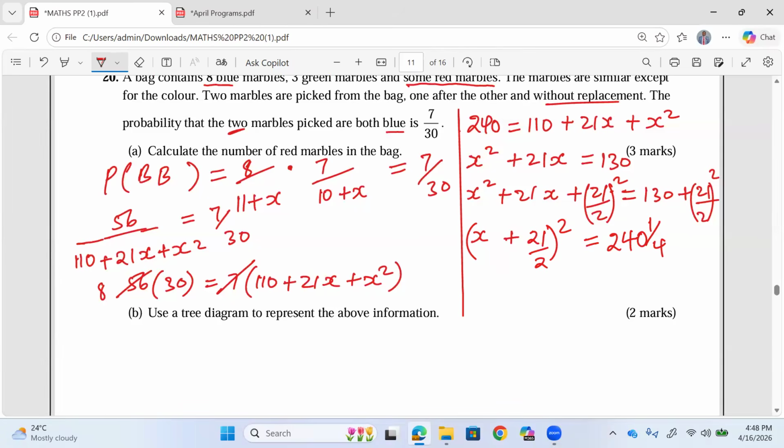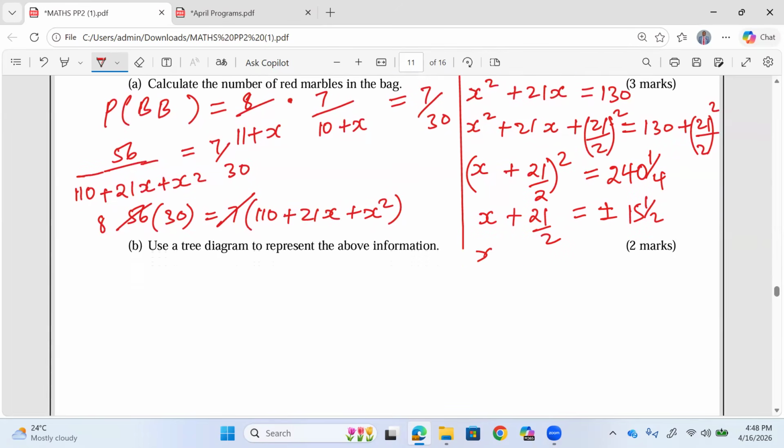From there now, we can take square root on both sides. Square root on both sides will give us x plus 21 over 2 equals to plus or minus the square root, which shall be 15 and a half. How shall we remain with the value of x? We pick the positive part, which is 15 and a half. We subtract 21 over 2.